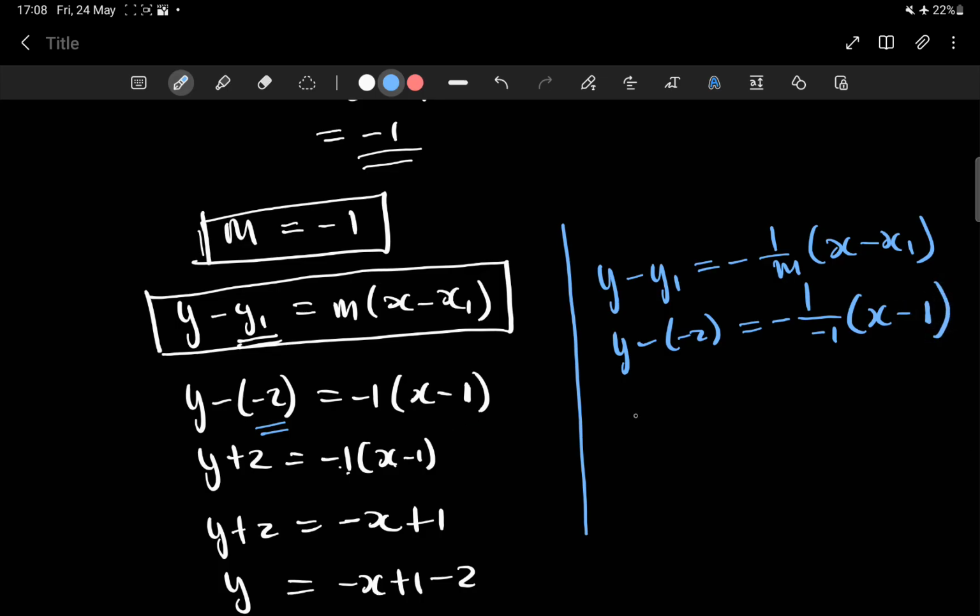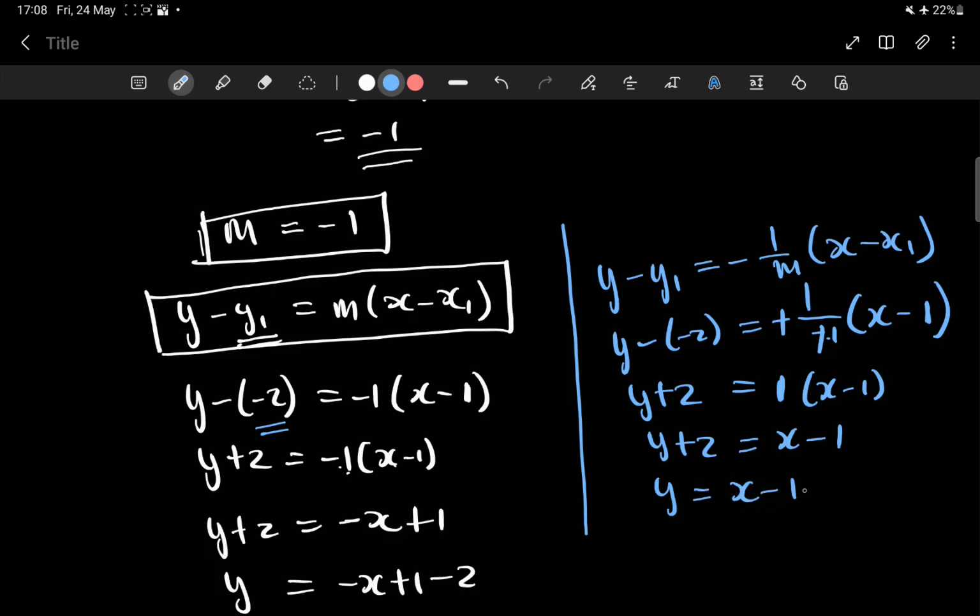We saw our x1 was just 1. Since there are two negatives, they cancel to be 1 over 1, so 1 multiplying x minus 1. You'd now say y plus 2 is equal to 1 times x, 1 times minus 1, minus 1. Then this 2 goes to that side. You'd have y is equal to x minus 1, then minus 2, which becomes y is equal to x, then you can put minus 1 minus 2 in the calculator. You get minus 3. This is for the normal.